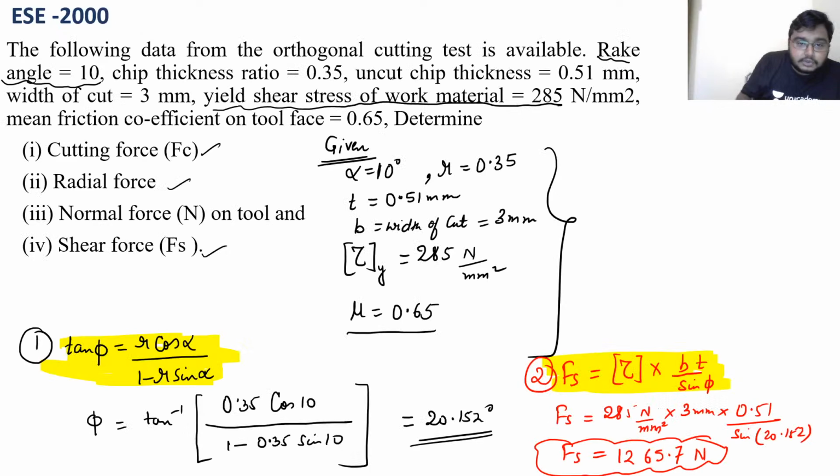Third thing is that we know that mu is equal to tan beta, and mu is given as 0.65. See here, this question is given as mu is 0.65.